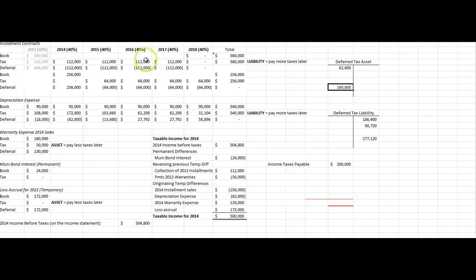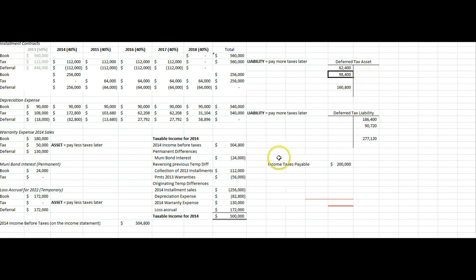So when you do that arithmetic, this minus 40% of the 56,000 that reversed out on the warranty expense, plus 40% of the 130,000 that we added this year, plus 40% of 172, you discover that our deferred tax asset should have a balance of 160,800. If it had a balance of 62,400, to make it 160,800, it had to have a debit of 98,400.